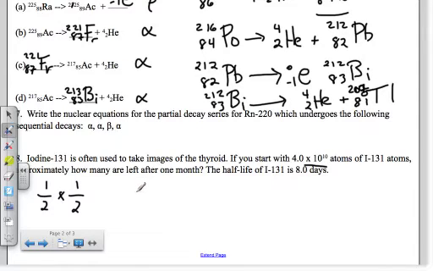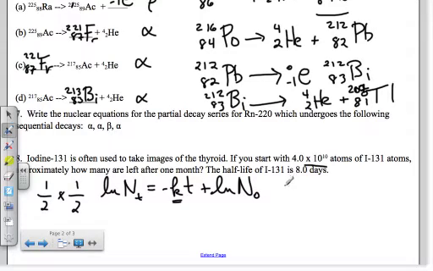So we are going to use those equations that I had in the notes. In order to use this equation here, the natural log of the amount at time t, this is just a slightly different form of what I have in the notes. This is the one we need to use. And 0 is initial, so that's where our 4 times 10 to the 10 is going to go. But this I don't know.